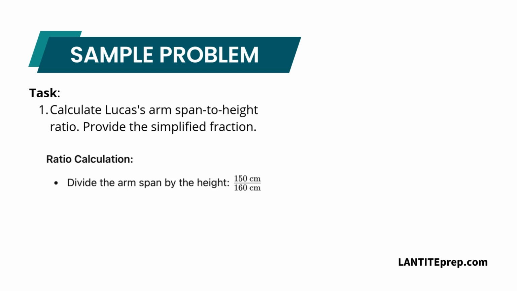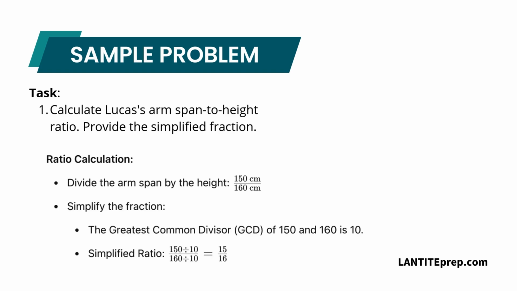Next, we'll work with the ratio calculation by dividing the arm span by the height, which is 150 over 160. Then we'll simplify the fraction by finding the greatest common divisor, which is 10. Another way of seeing this is that we can simply eliminate the zeros at the end of each number, and thus we'll end up with our simplified fraction of 15 over 16. Is that what you got?